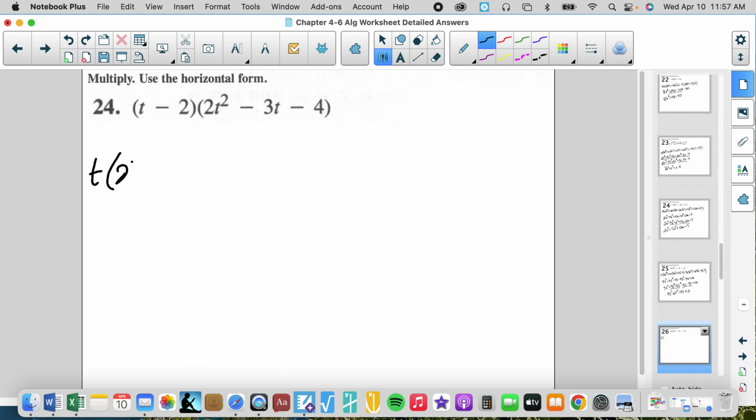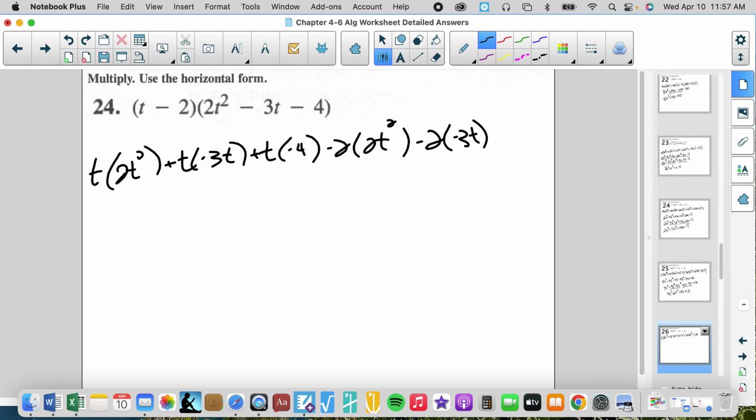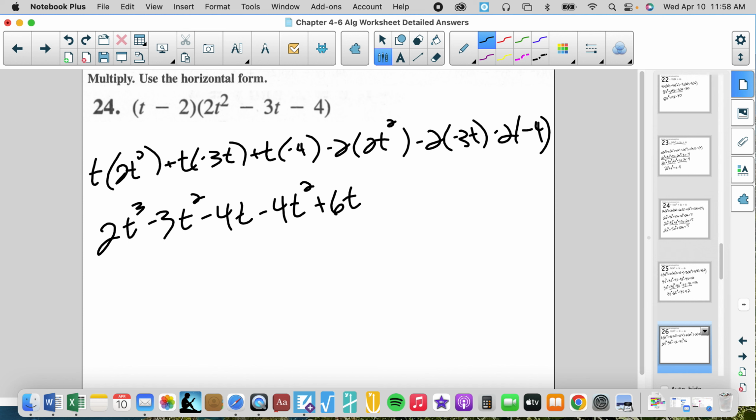t times 2t squared plus t times negative 3t plus t times negative 4 minus 2 times 2t squared minus 2 times negative 3t minus 2 times negative 4. 2t to the third minus 3t squared minus 4t minus 4t squared plus 6t plus 8.